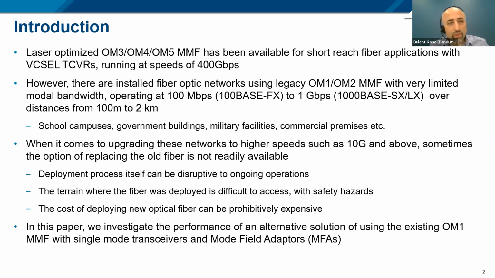However, we are all aware that we didn't have these fibers in the past, and we had OM1 and OM2 multimode fibers with a low and very limited modal bandwidth. And these are the fibers that we used for 100 megabit per second, 100BASE-FX, or 1 gigabit per second, 1000BASE-SX, LX, for distances of 100 meters to 2 kilometers.